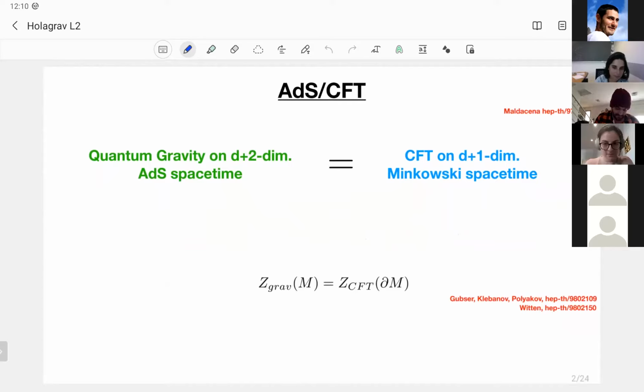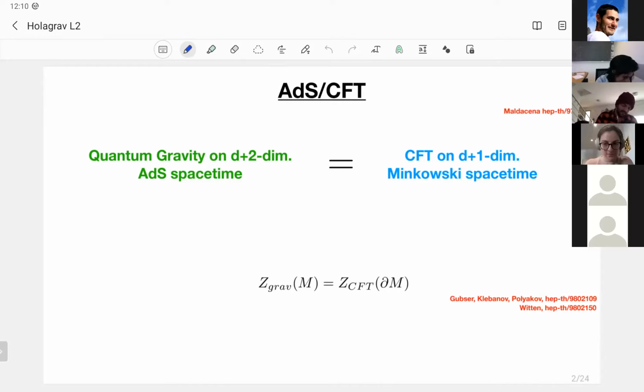So AdS/CFT: we have quantum gravity in d plus 2 dimensions, for example on an AdS spacetime, and this is equal to a CFT in one less dimension, living on flat Minkowski space.